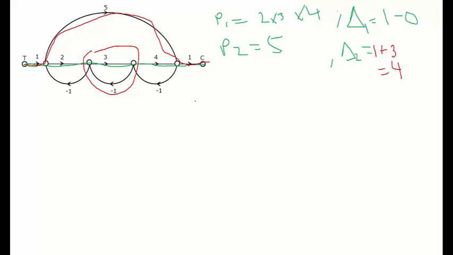While delta is 1 minus the sum of loop gains. You identified 4 loops, the gains of which are minus 2, minus 3, minus 4, and minus 5. So these are the 4 loops having the respective gains. And if you identify the number of non-touching loops, there are 2 non-touching loops.